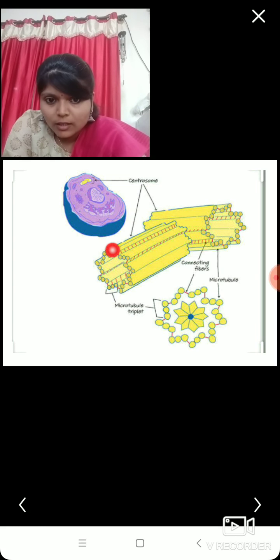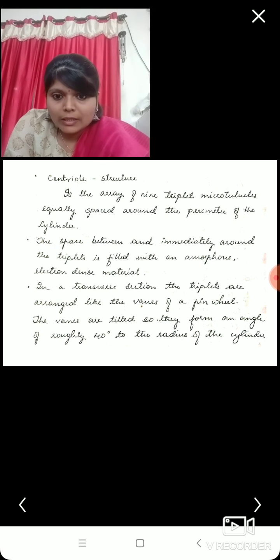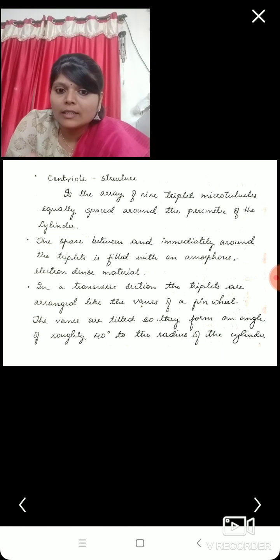This is the dense material between the triplets. These veins are tilted so that they form an angle of roughly about 40 degrees to the radius of the cylinder.